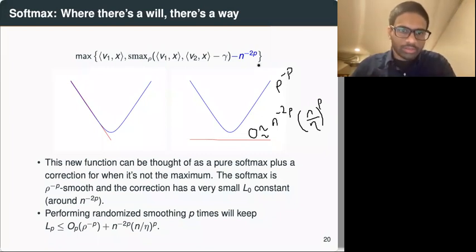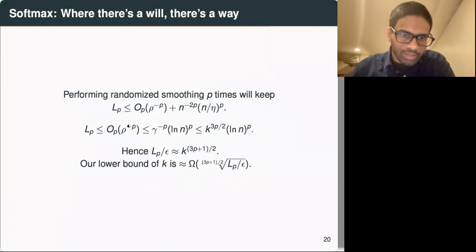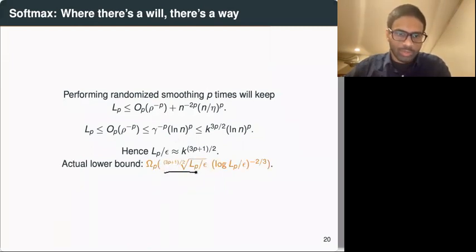So I'll just show what the actual final function looks like. I'll skip over the calculation here. Basically LP is around gamma to the minus p times log n to the p, which gives us our lower bound of 3p plus 1 by 2th root times some log factor.